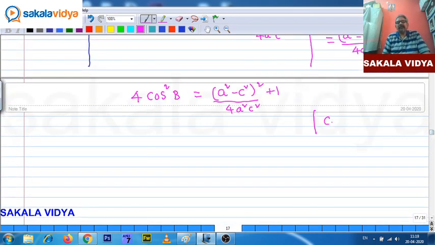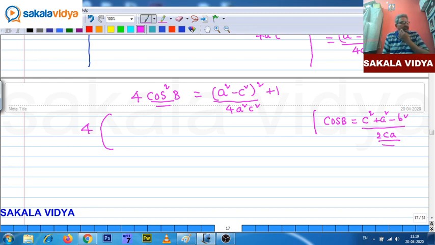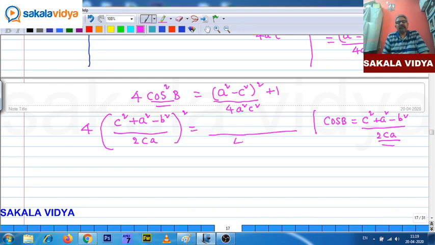Instead of cos b, apply the cosine rule. That is, we know cos b is c square plus a square minus b square by 2ca. So now this can be written as 4 times, instead of this cos b, we substitute this value. Now c square plus a square minus b square upon 2ca whole square equals, here the LCM is 4a square c square.